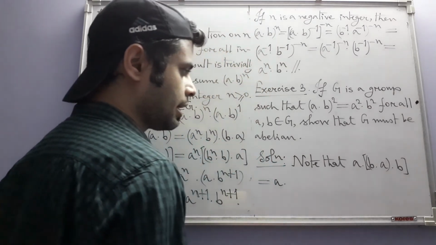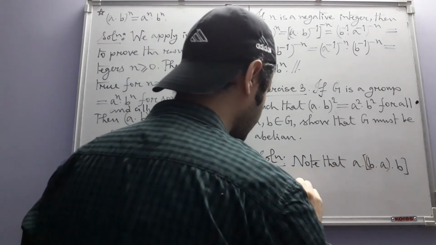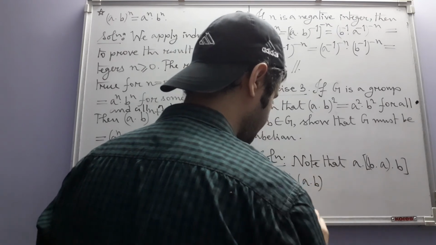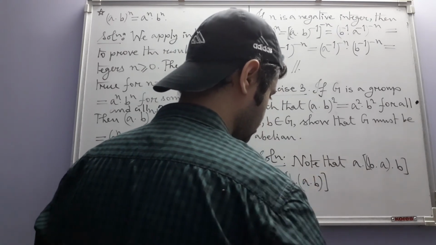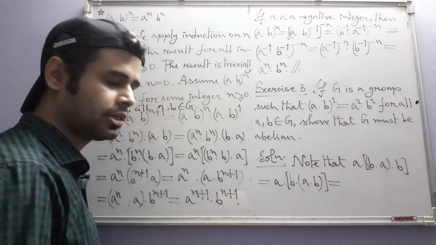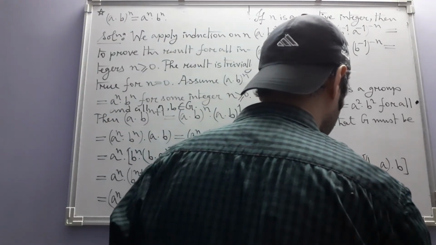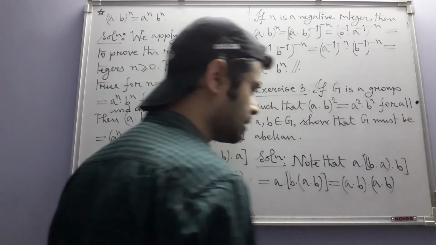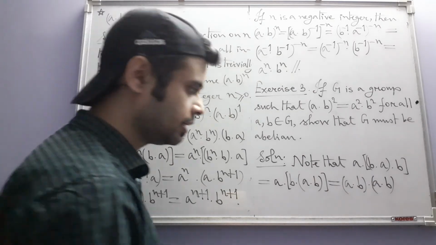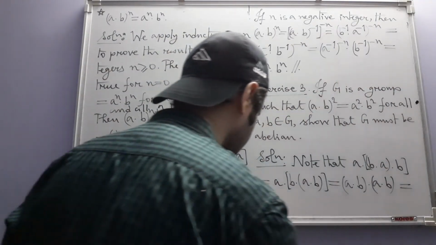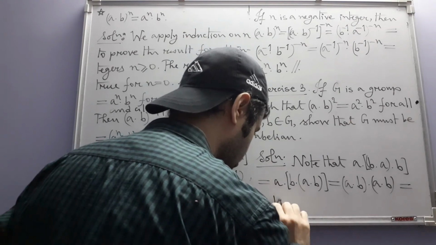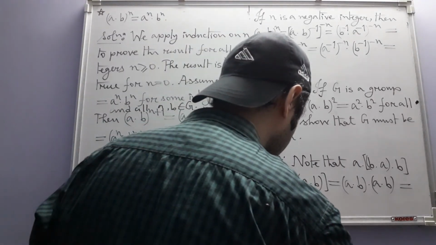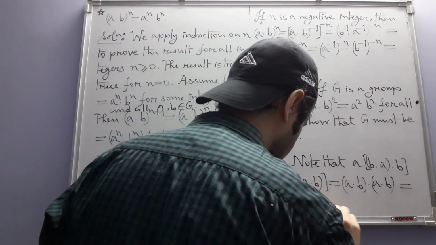If we use associative law first inside, we get this. Then we use associative law outside, we get this. And we have already seen that the product of an element with itself in a group is its square. And that, according to our condition, is a square dot b square.